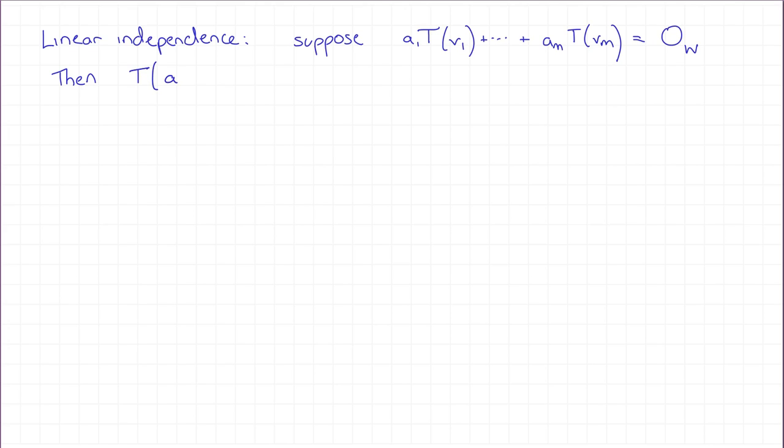And what we will get is that T of a1 v1 plus up to T of am vm is equal to the 0 vector in W. So that's simply using the two properties in the definition of linearity a lot of times. So what we now see is that the linear combination a1 v1 plus a2 v2 all the way up to am vm is an element of the kernel of T.